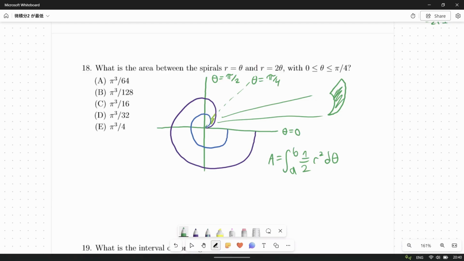Now, similar to finding the area between two curves in Cartesian coordinates, which would look something like the integral from a to b of f of x minus g of x with respect to x, right?